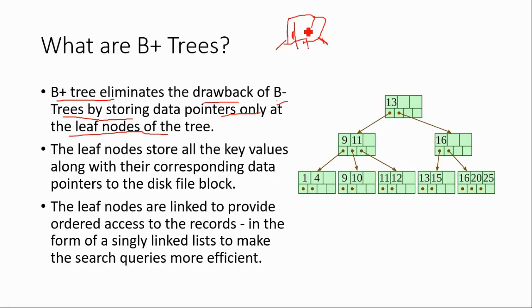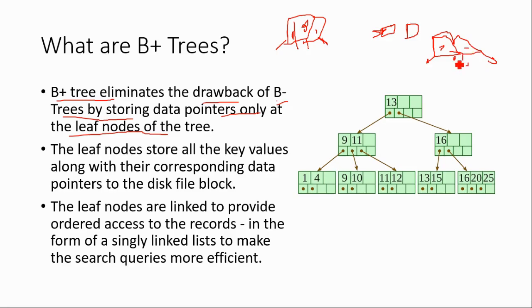But the data pointers will be stored only in the nodes which are the leaves of the tree, not in the internal nodes. Internal nodes will contain only the keys and subtree links, no data pointers.